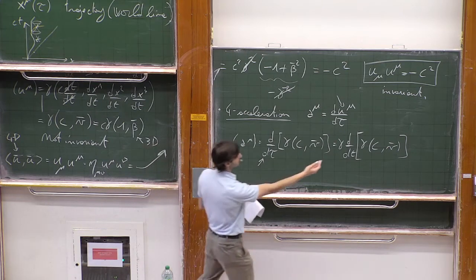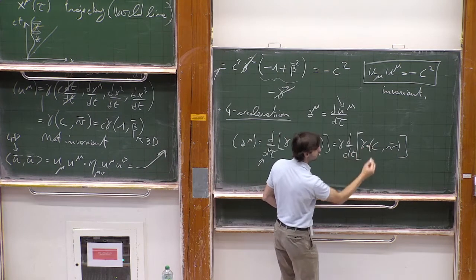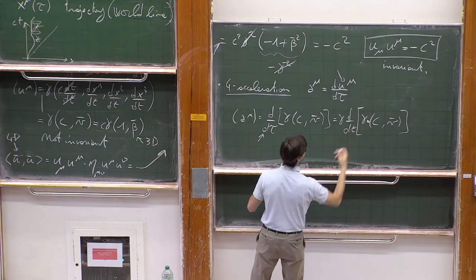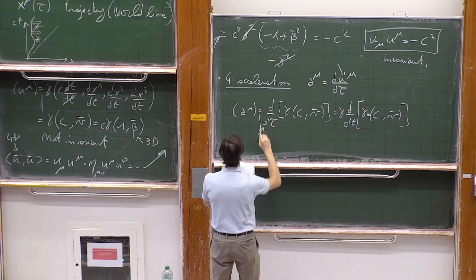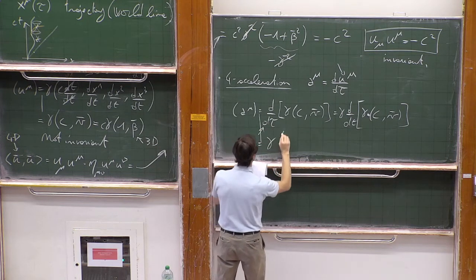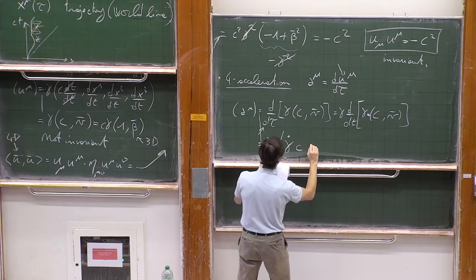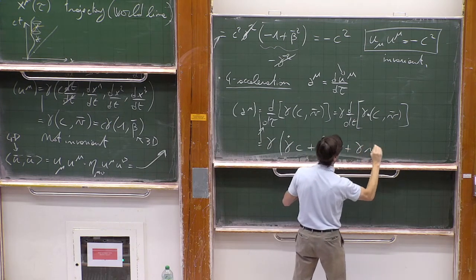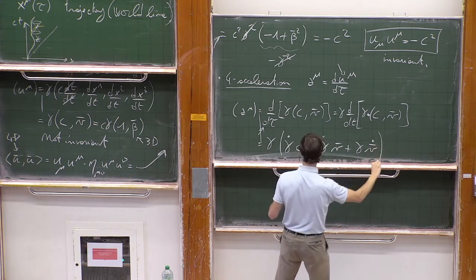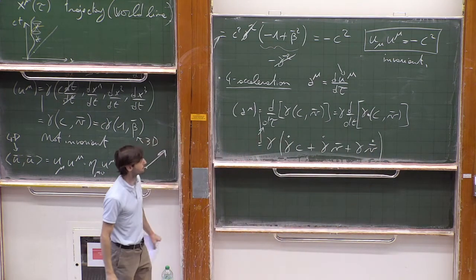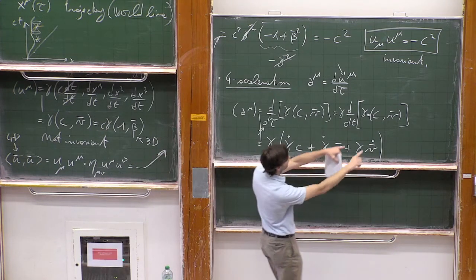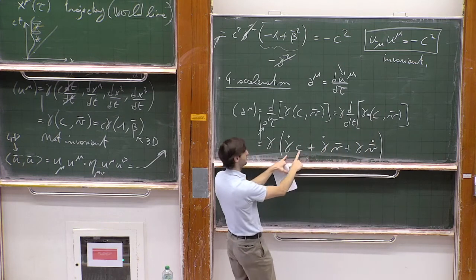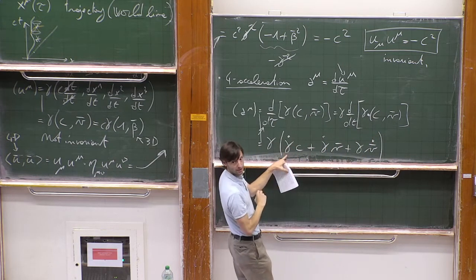And now we just apply the derivative to this product of functions. Well, actually, gamma c is going to be constant. So we have gamma, and we have gamma dot c plus gamma dot v plus gamma v dot. Here you see we have gamma c, so it is just a function multiplied by a scalar. Therefore, we just have the scalar and the derivative of it.